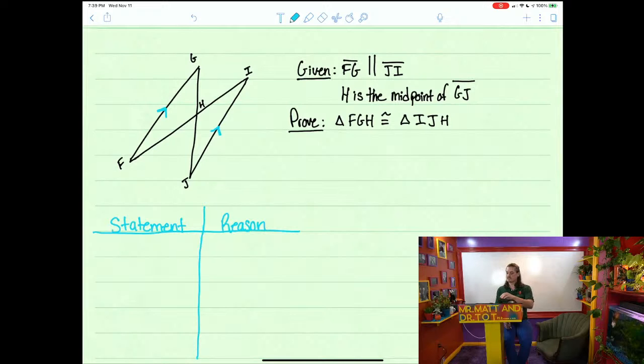Okay, so if they tell us that these two lines are parallel, that's going to bring about a lot of relationships with the transversals that are going through these two lines. Notice that line GJ could be extended out. We could think about all of these lines as being extended out like this.